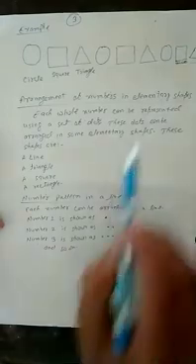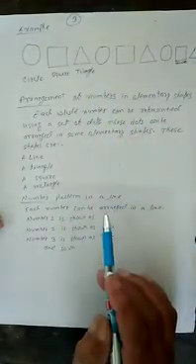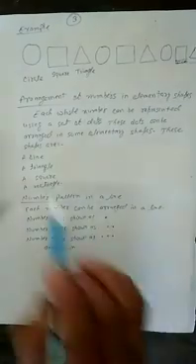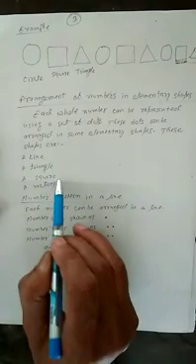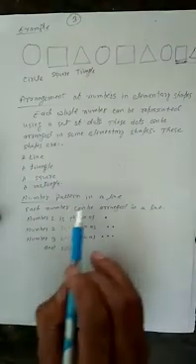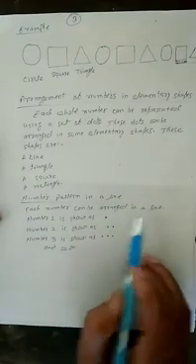Now, arrangement of numbers in elementary shapes. The numbers can be arranged in different shapes. These shapes may be in the form of a line, triangle, square or rectangle. Number patterns in a line: each number can be arranged in a line.